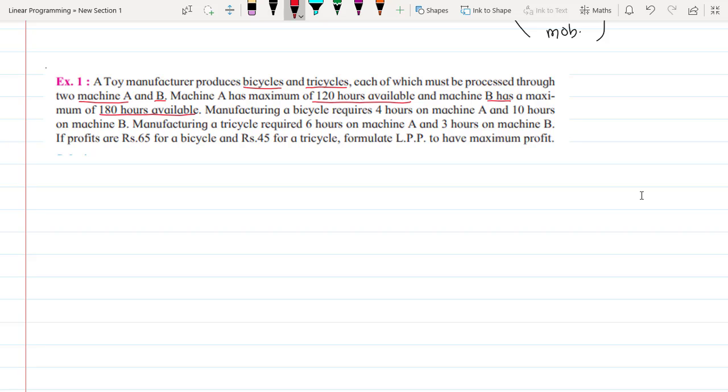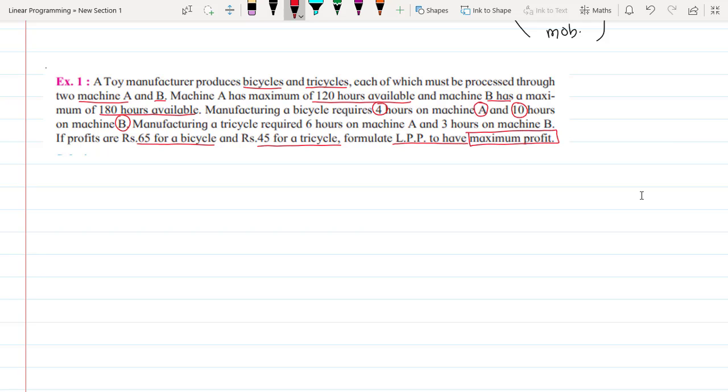Okay, manufacturing a bicycle requires 4 hours on machine A and 10 hours on machine B. Manufacturing a tricycle requires 6 hours on machine A and 3 hours on machine B. Okay, if the profits are 65 rupees for a bicycle and 45 rupees for a tricycle, formulate the linear programming problem to have the maximum profit.